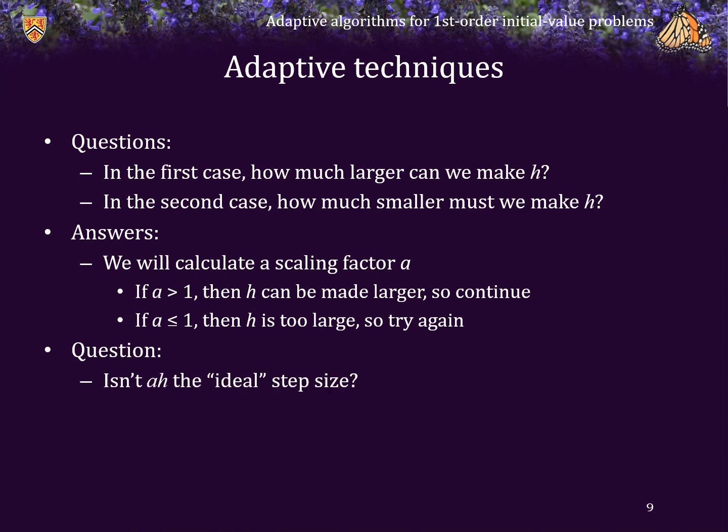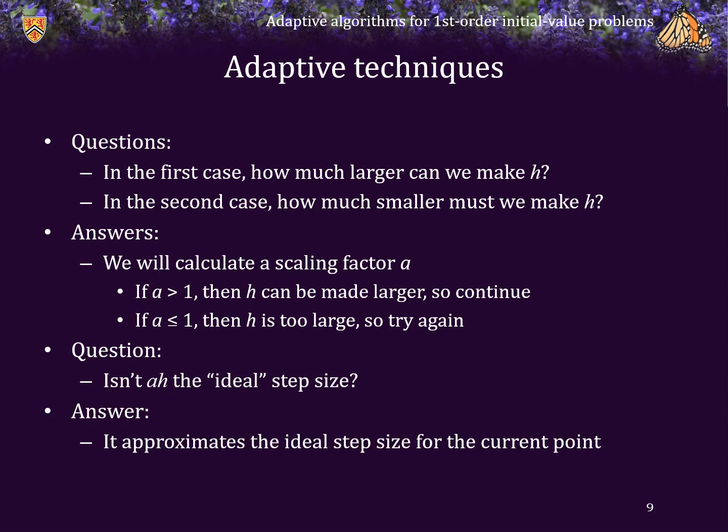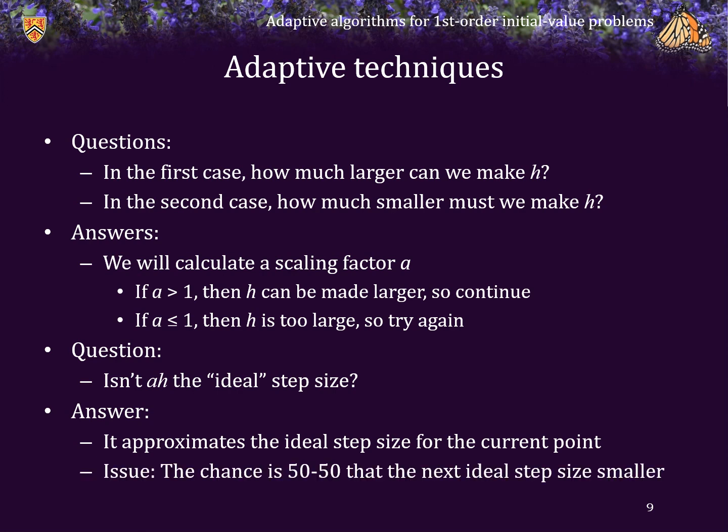Question. Isn't a times h actually supposed to be the ideal step size? Answer. Actually, it is an approximation of the ideal step size for the current point. And that's a problem if a is exactly equal to 1.